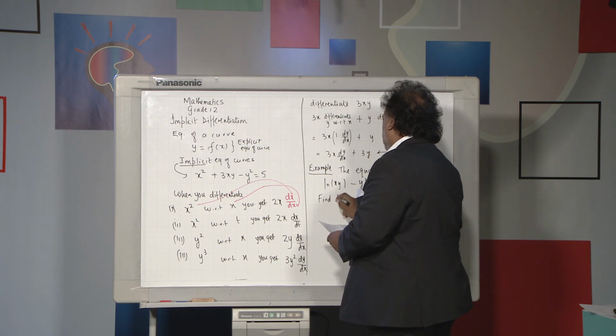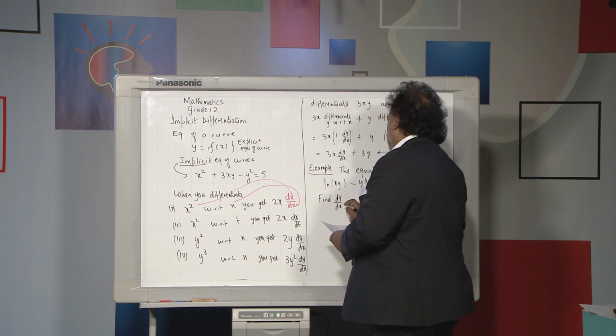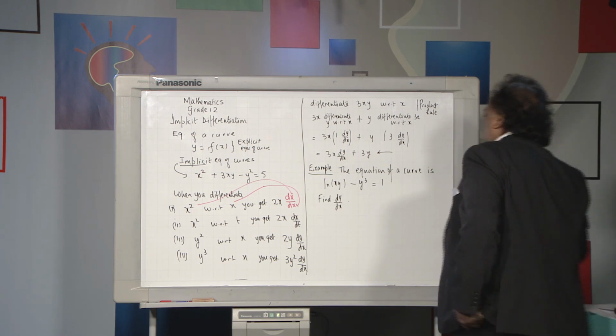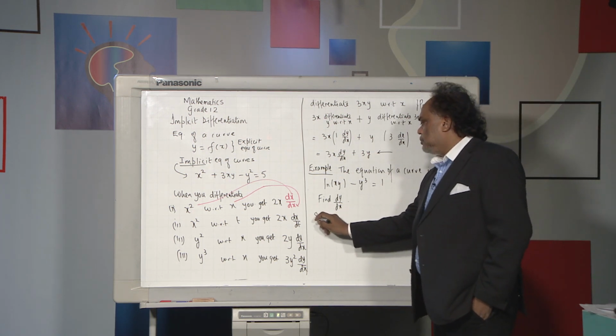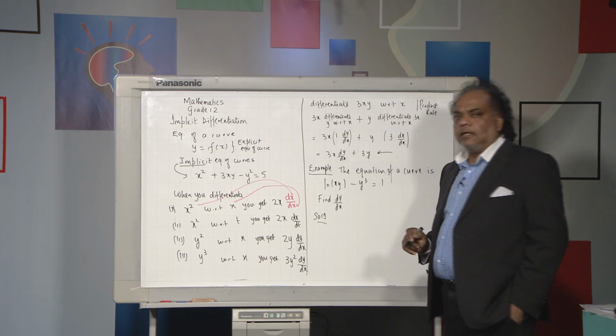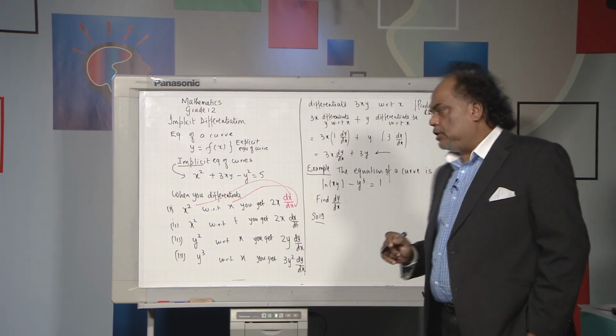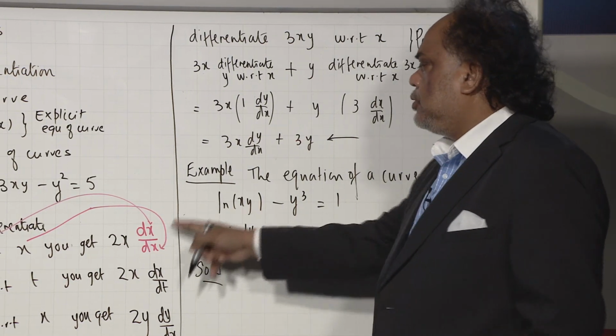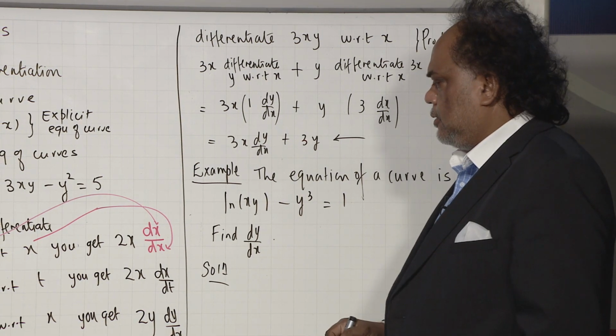Find dy by dx. So, obviously, this is an implicit equation of a curve. Therefore, I'm going to use the technique we learned earlier.